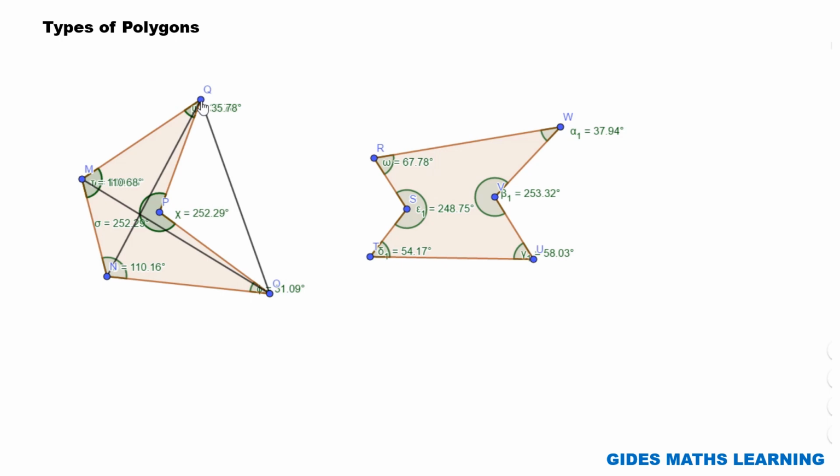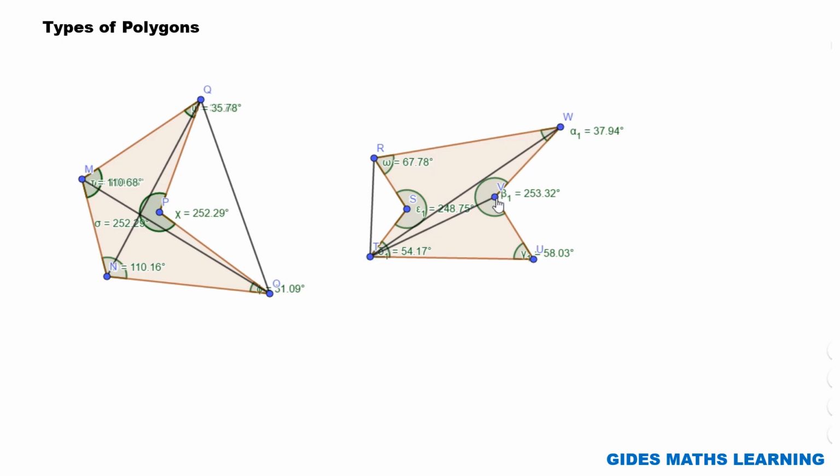In the same way, for this hexagon, diagonal from R to T lies outside. Diagonal from T to V lies within. Diagonal from T to W lies within.